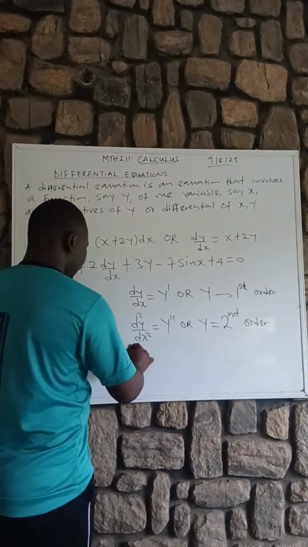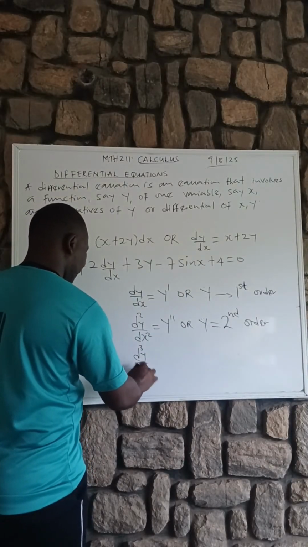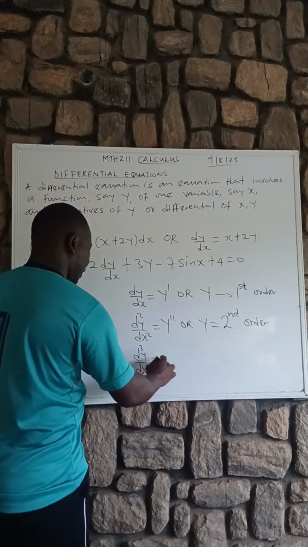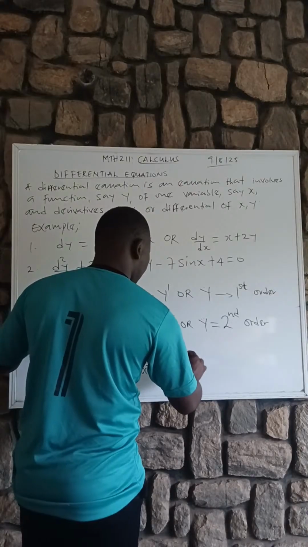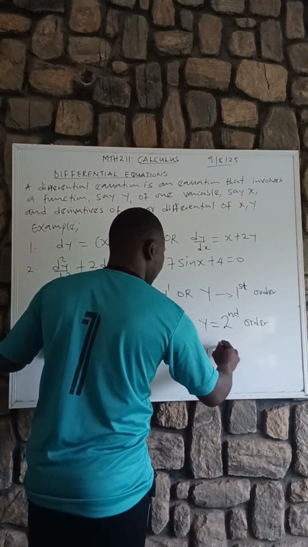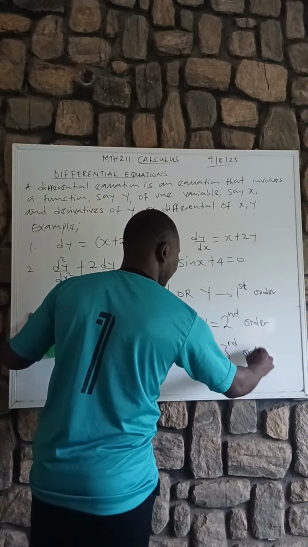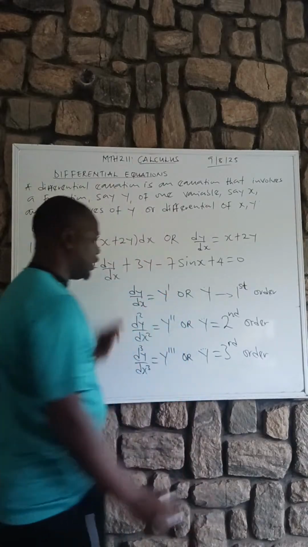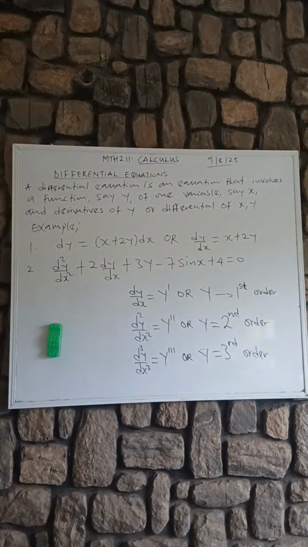Then if you have d cubed y over dx cubed, this is y prime prime prime or y triple dot. This is third order. Is that clear? So how to identify the orders of a differential equation?